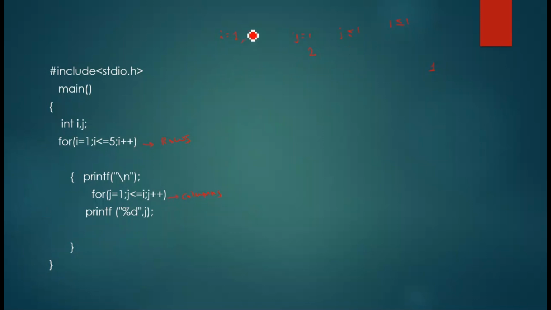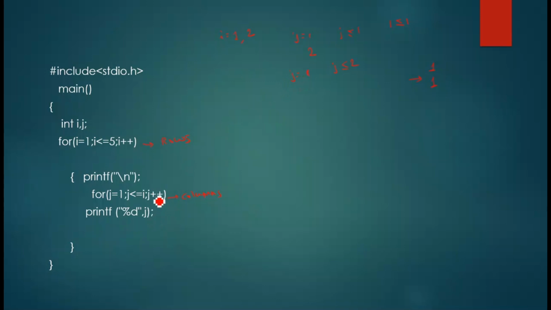Now i will become 2. Again it will go to the next line and now the condition will become j is equal to 1 to j less than or equal to 2. First 1 less than or equal to 2 is true, so it will print j, which is 1.